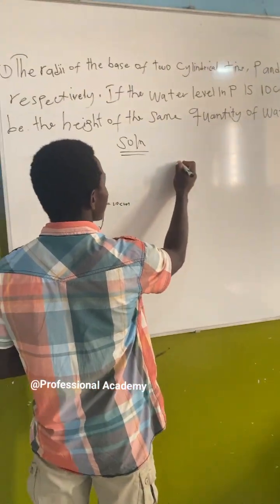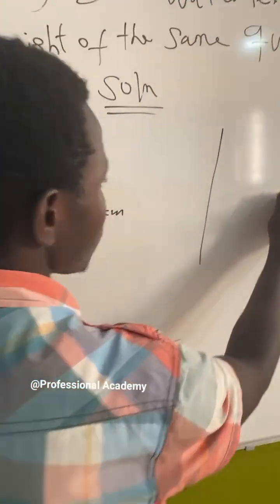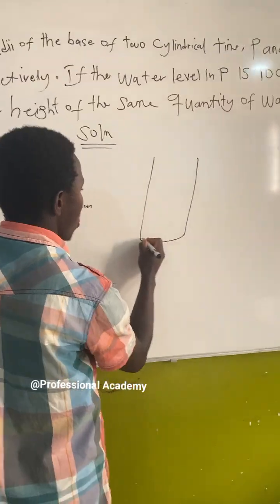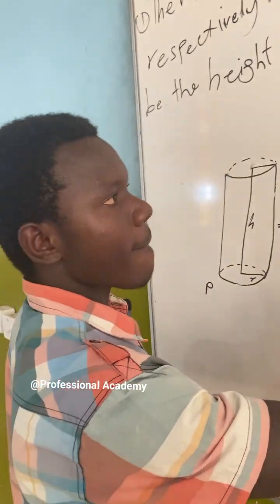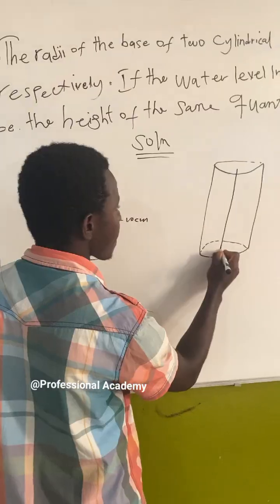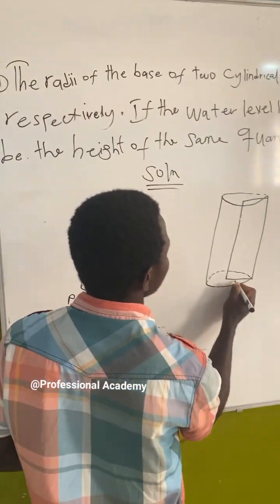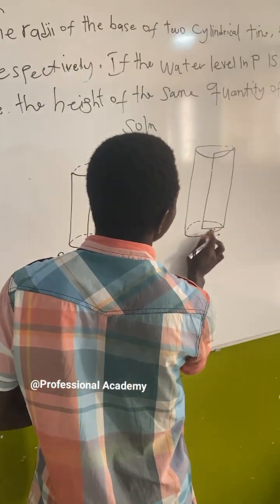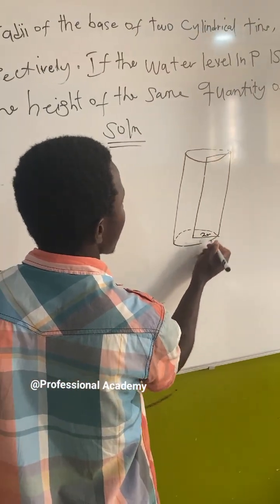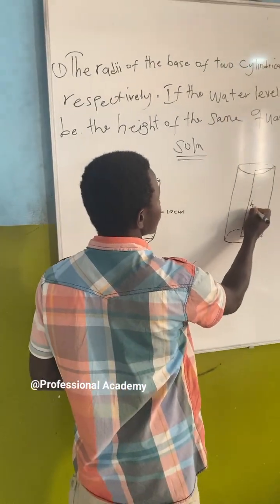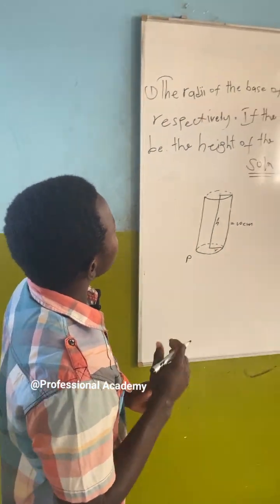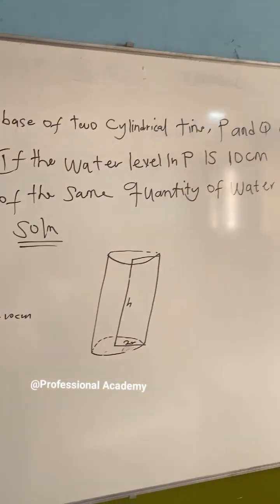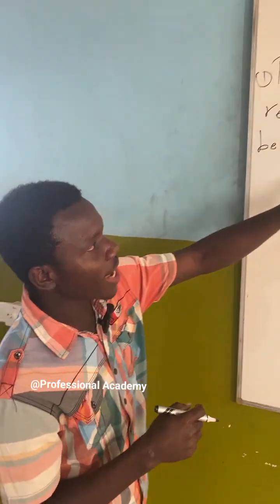Now if you do the same thing for Q, here the radius is given as 2r and the height is not given, so the height is unknown. The question is saying if the water level in P is 10 centimeters, what will be the height of the same quantity of water in Q?